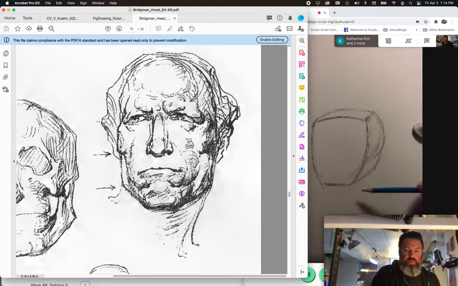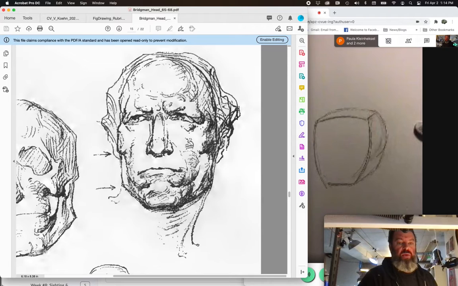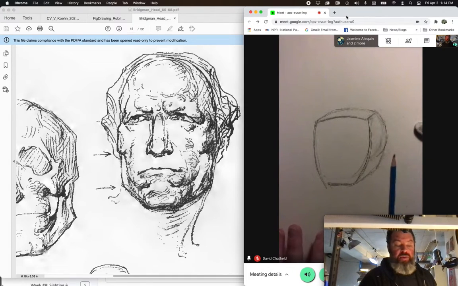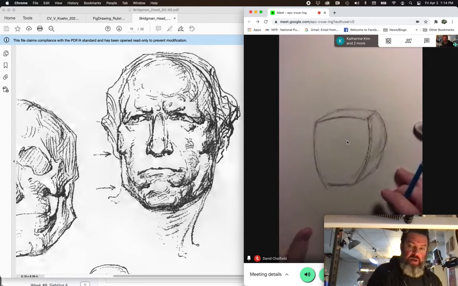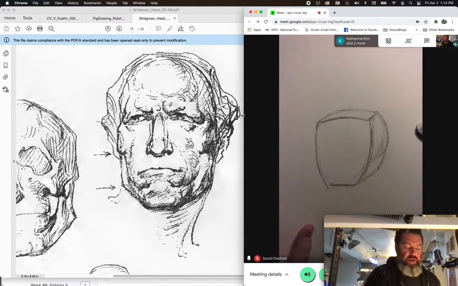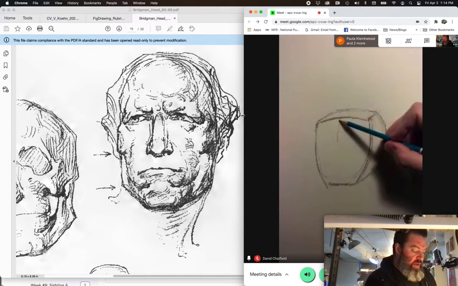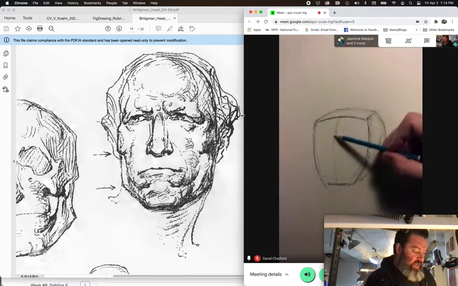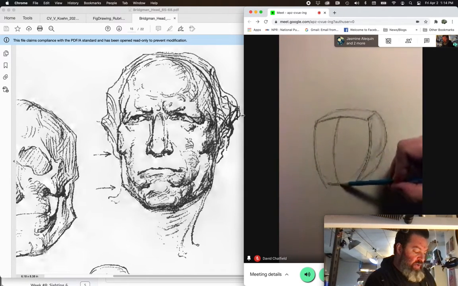Now, lots of artists really break down the face into, I would say, too many different sections. They overcomplicate it a little bit too much. But it is helpful to, at the very least, find the center axis of the face. And again, I tend to curve it.